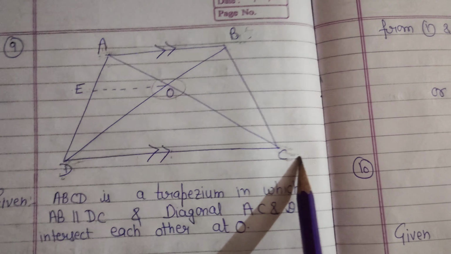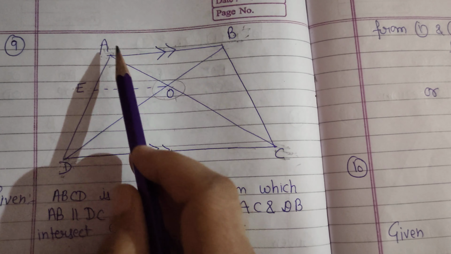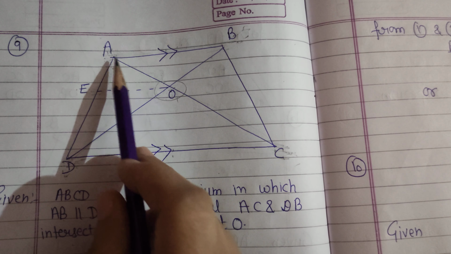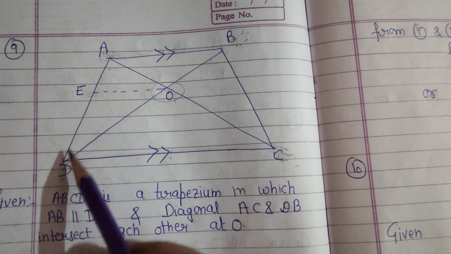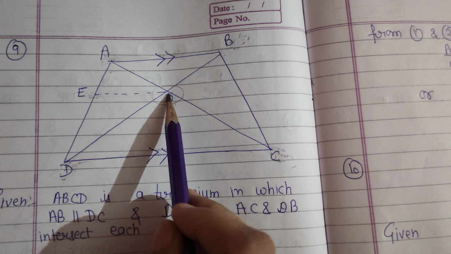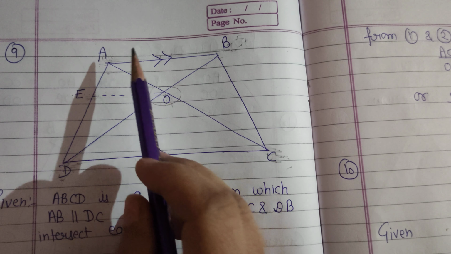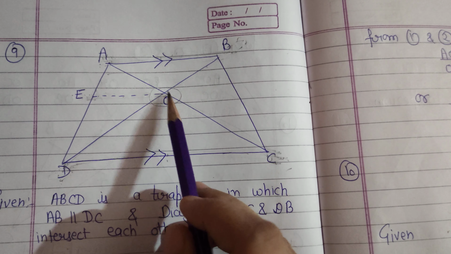I will take triangle ADC. Here in triangle ADC, EO is parallel to DC by construction. So by using Thales theorem, AE by ED will be equal to AO by OC. Now again I will take triangle ADB. Here again EO is parallel to AB. So by using Thales theorem, AE by ED is equal to BO by OD.